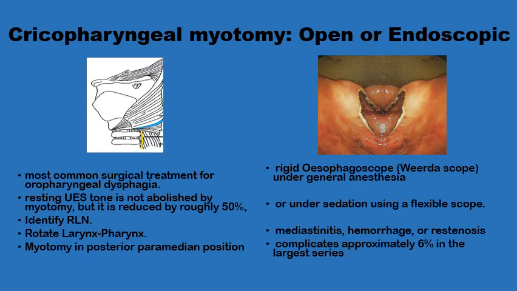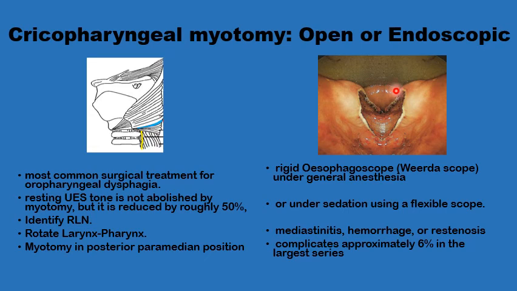Cricopharyngeus myotomy is one of the commonest operations for oropharyngeal dysphagia. It can be carried out endoscopically or by an external approach. If it is done endoscopically, sometimes it can be carried out with a flexible scope with some sedation, or more commonly, it can be carried out under general anesthesia with the use of a rigid scope like the Weerda scope.